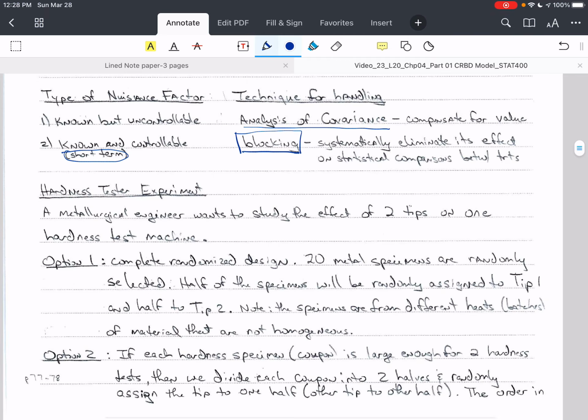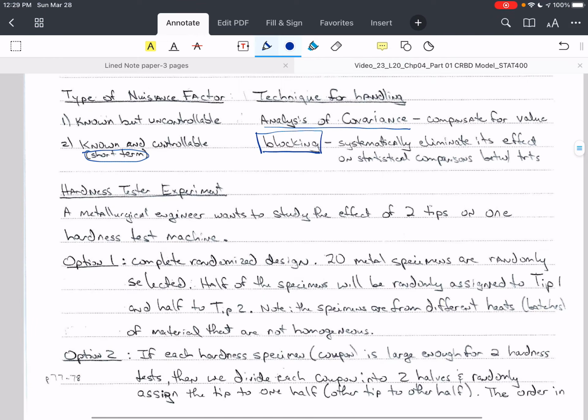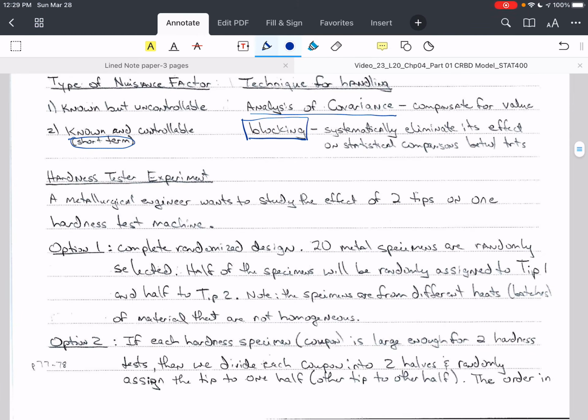So here's an example given by the textbook. We have a metallurgical engineer, and they want to study the effect of two different types of tips on a hardness test machine. Now, a hardness test machine has a metal rod and a mechanism to press down at a certain force, and at the end of the metal rod, we attach a tip. This tip is of a certain type of material and hardness itself.